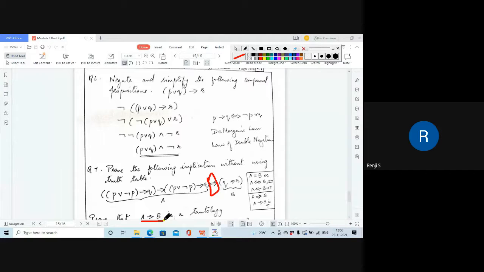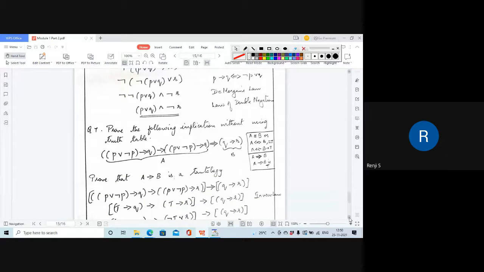So write down the question. This is the entire question. The left hand side of this is A, the right hand side is taken as B. So you have to prove that A implies B is a tautology.